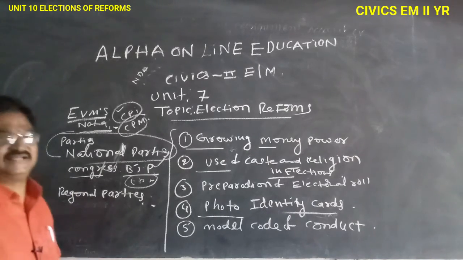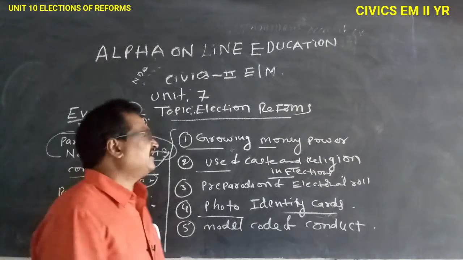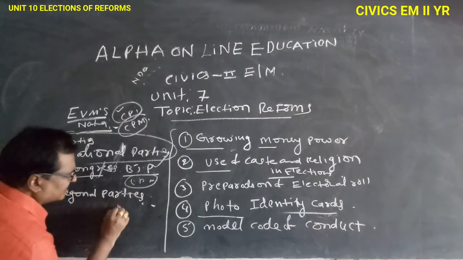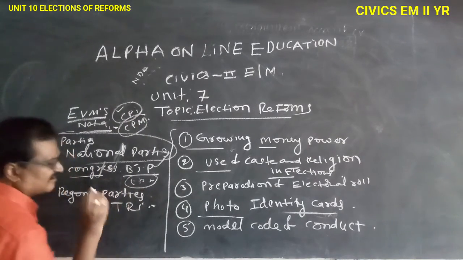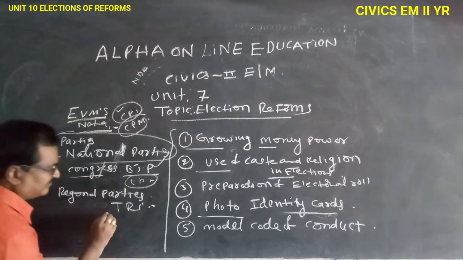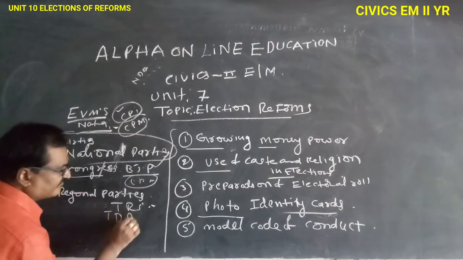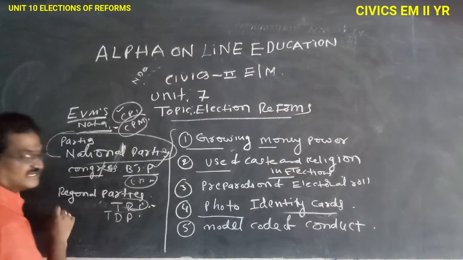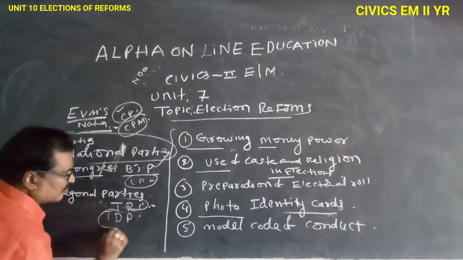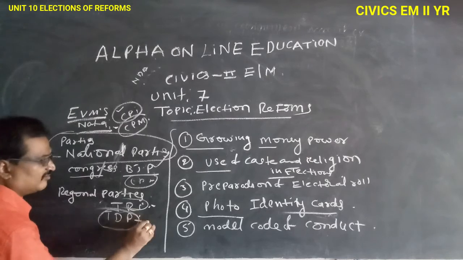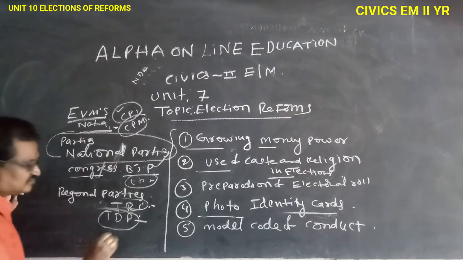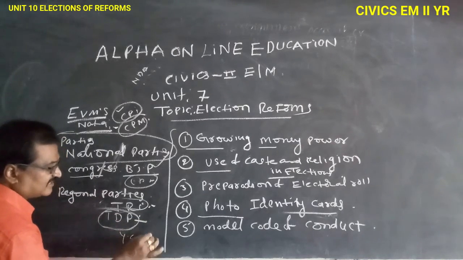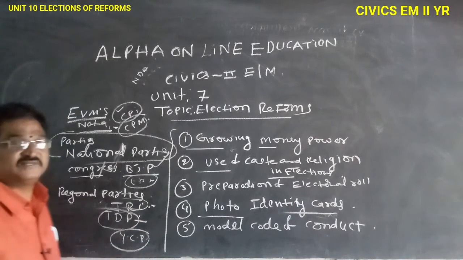The regional parties, just like the Telangana regional party TRS. The TDP is the regional party of Andhra Pradesh. Now TRS is the Telangana regional party, and the TDP is now a regional party of both. And also the YCP is a regional party in Andhra Pradesh politics.